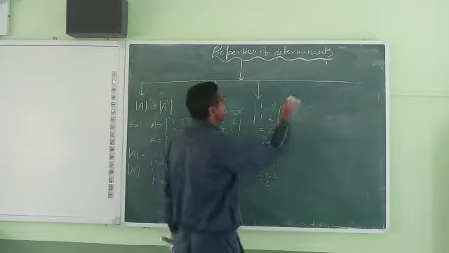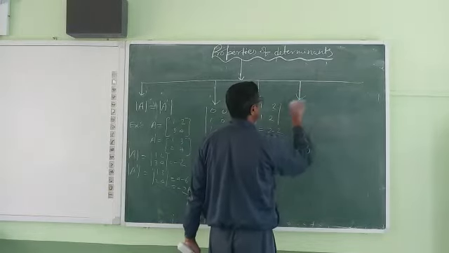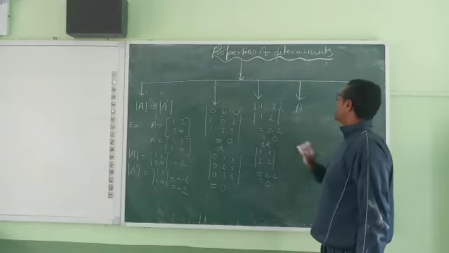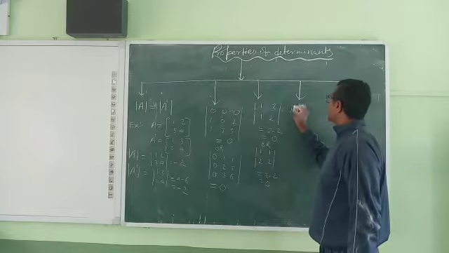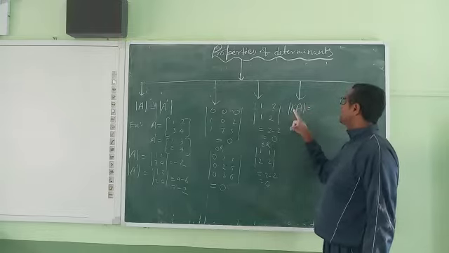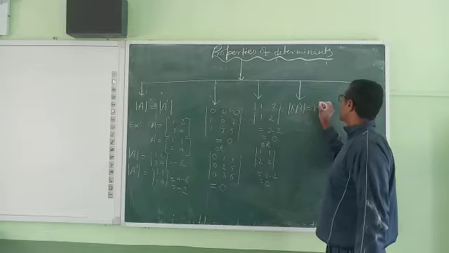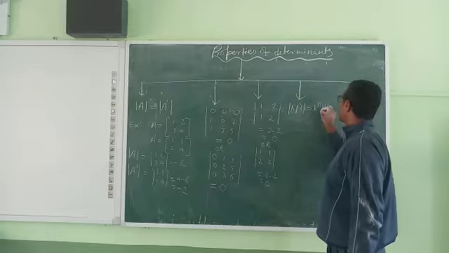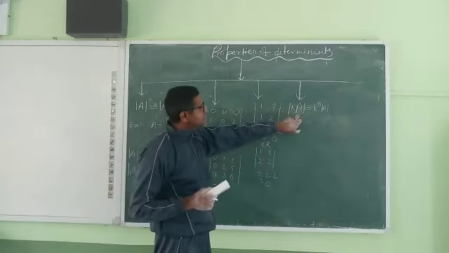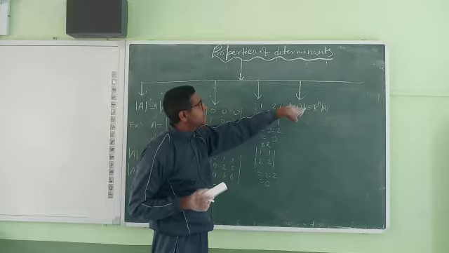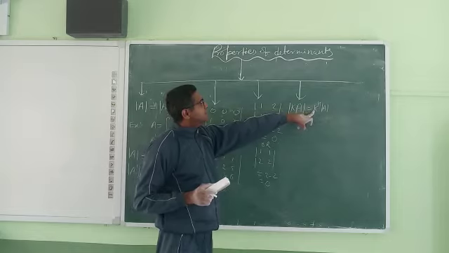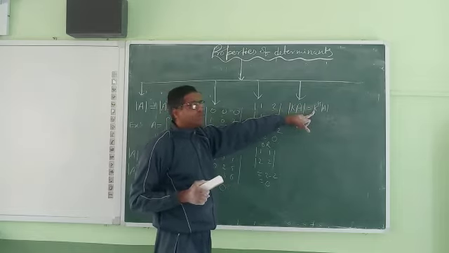Now, come to property number 4. The determinant of kA equals k to the power n into determinant A. This property tells you that if you multiply any matrix by a scalar k, then this k will come out from each row and column.